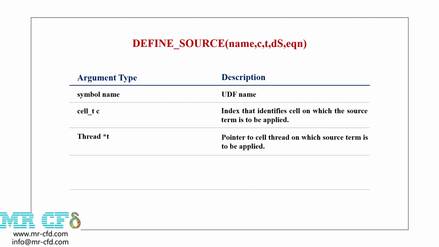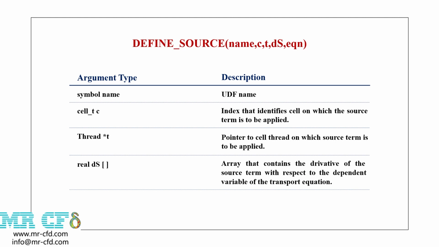The fourth and fifth arguments are respectively the derivative of the source term expression and the number of the desired equation. In fact, the derivative of the source term with respect to the dependent variable is used to linearize the source term and to increase the numerical solution stability.